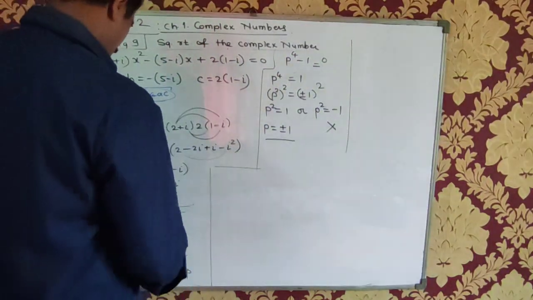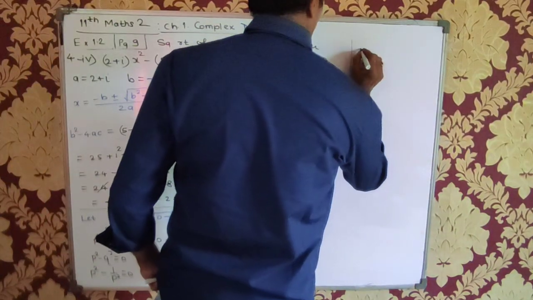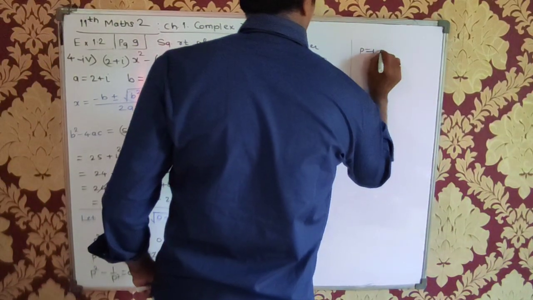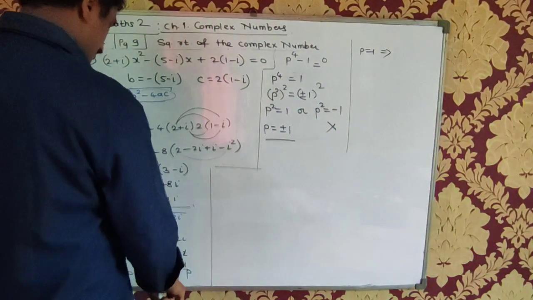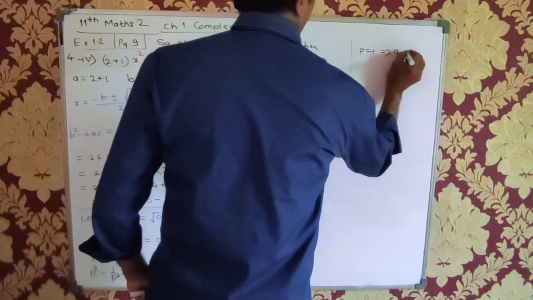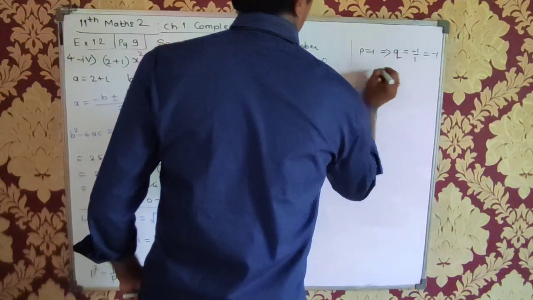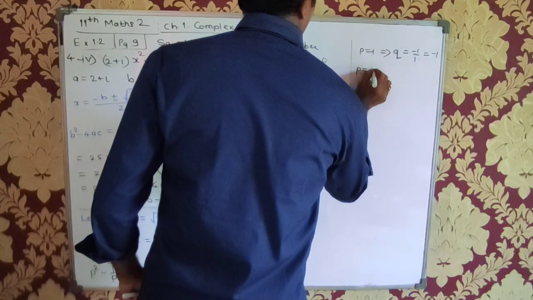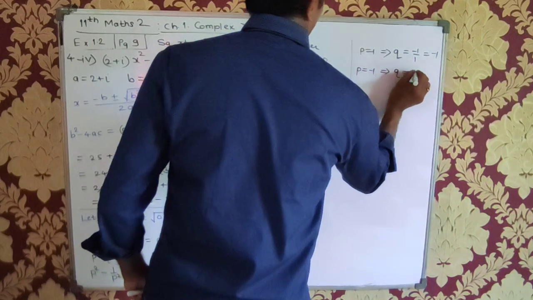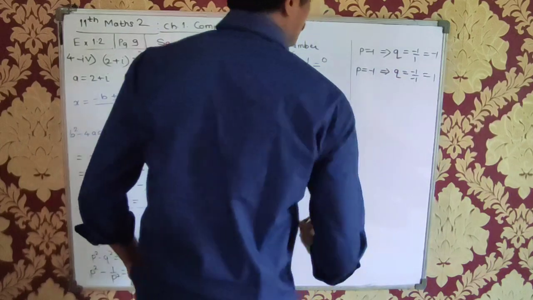Okay. Now when p is equal to plus 1, q is equal to minus 1 upon 1, that is minus 1. And when p is equal to minus 1, q is equal to minus 1 upon minus 1, that is plus 1.